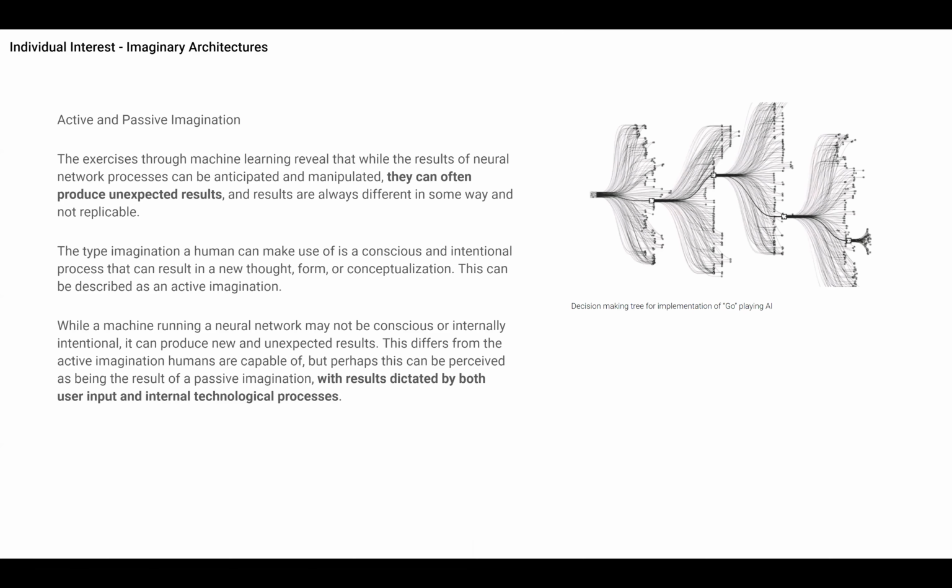Maybe there's a distinction between active and passive AI, where what a human does might be considered active and intentional, and the AI has a passive imagination, the result of a technological process, but still producing something new. So the question is how that sense of passive imagination can be used productively in design.